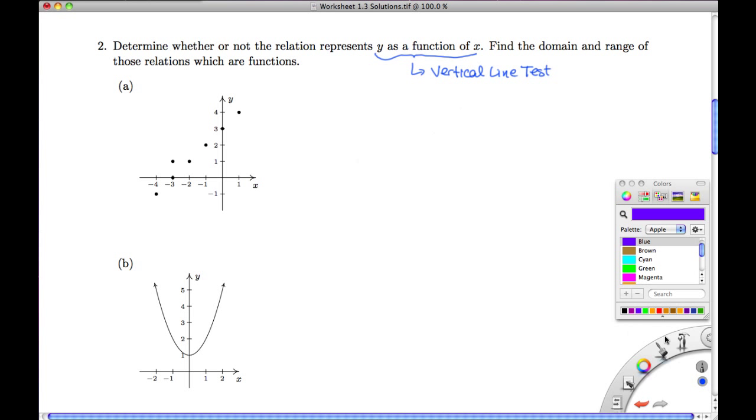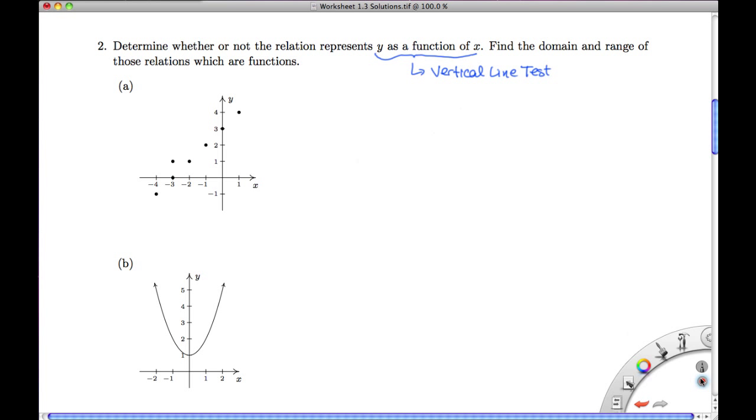So this is illustrated pretty nicely in this first one in part A. We've just got a graph of points going on here. But if we were to draw a vertical line directly through x equals -3, what we see is that this hits our graph in two different spots. And because of this, we can note that when x is equal to -3, in one case, y takes on a value of 0, that lower point.